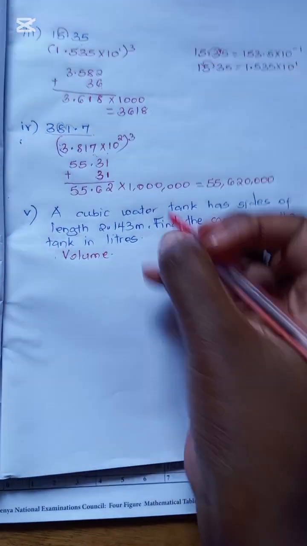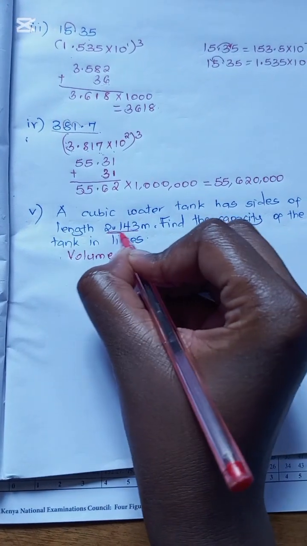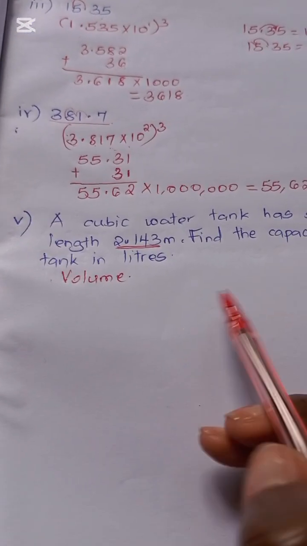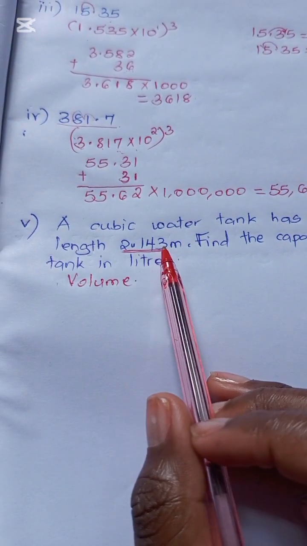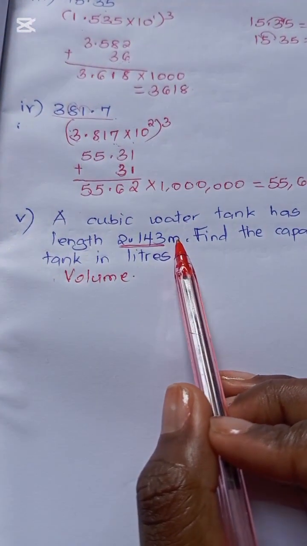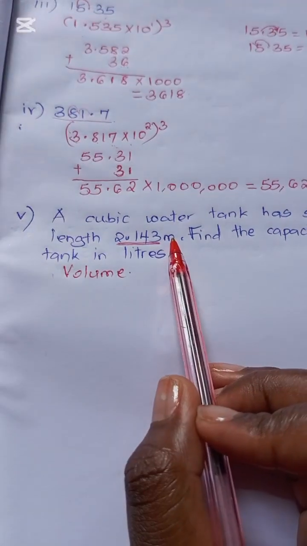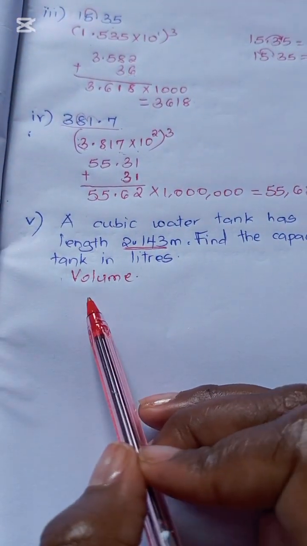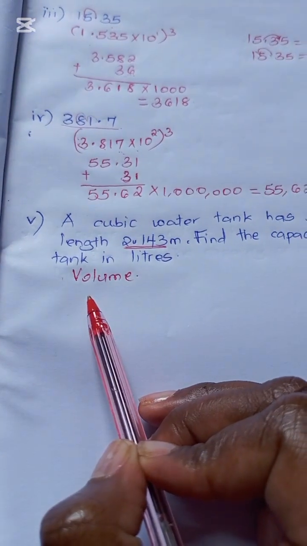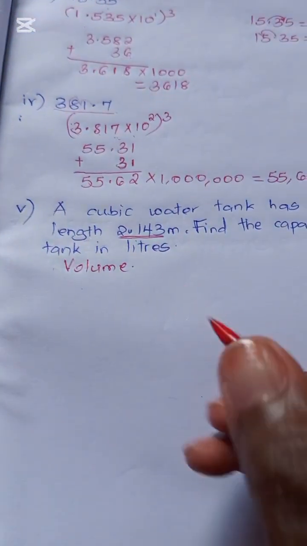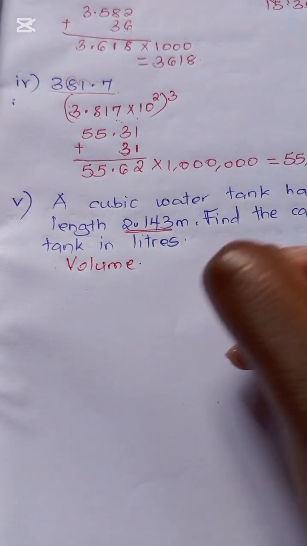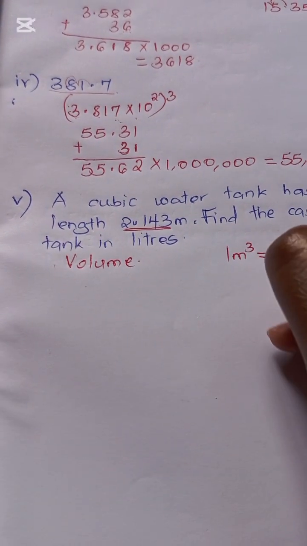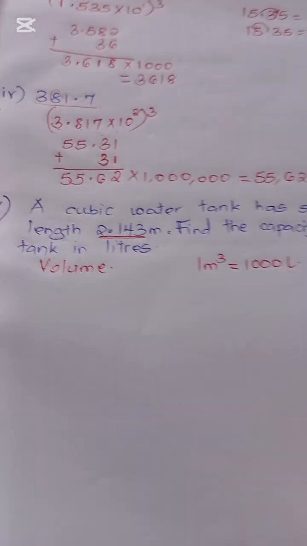By finding the cube of 2.143 meters. After finding the cube of 2.143 meters, please make sure you attempt this question with a mathematical table. So after finding the volume, you are going to convert it into liters. Remember, 1 cubic meter is equivalent to 1,000 liters.